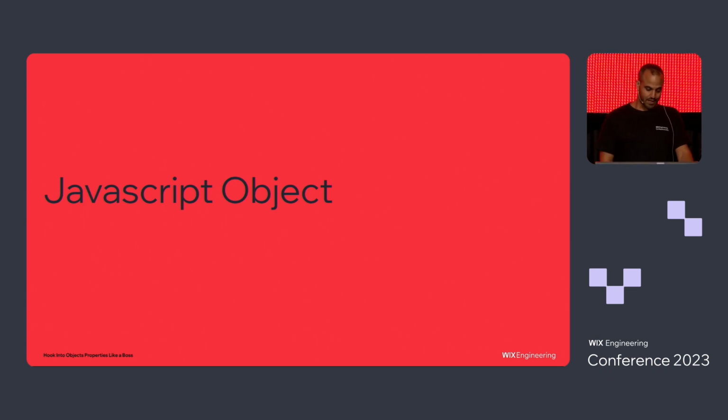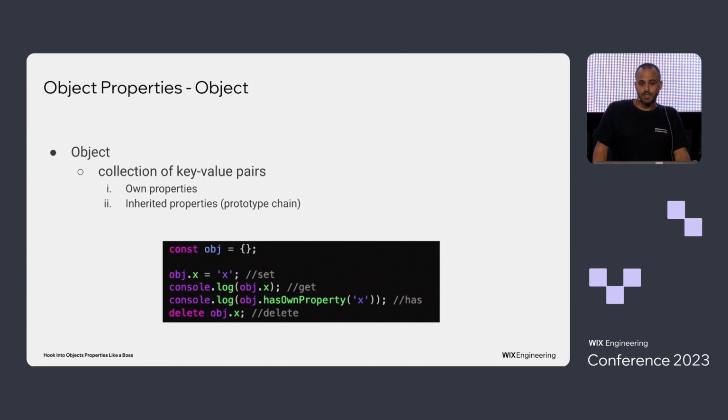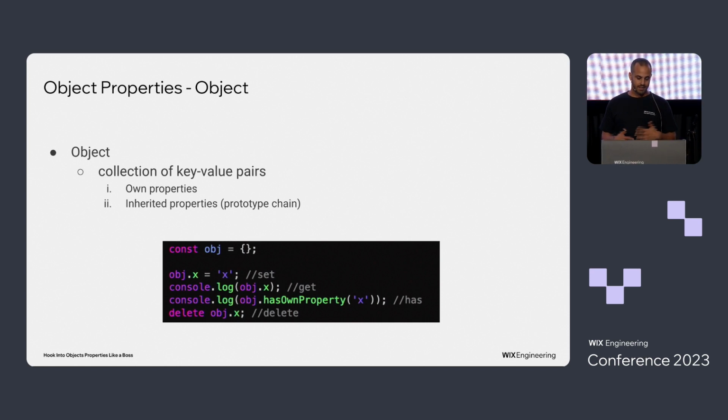So let's start with what a JavaScript object is. A JavaScript object is a set of key value pairs, and an object has its own properties, and it inherits properties from its prototype.